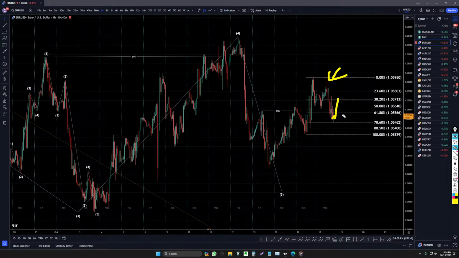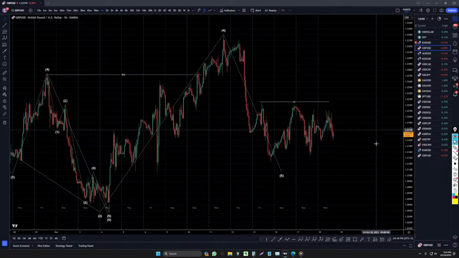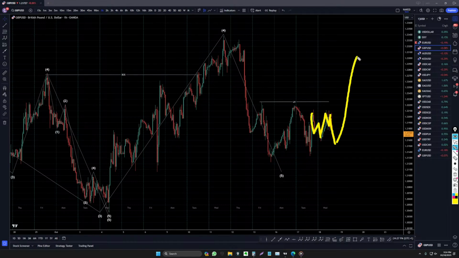So if it doesn't do that, then I would just hold on to my short and just ride the thing down. I would definitely still be looking for shorts unless it turns up, which it looks like it could to me, but I may just have a little bit of a bias. 1, 2, 3 down, 1, 2, 3. That looks like a 3, 3, 5 pattern possibly. Getting ready to turn up.